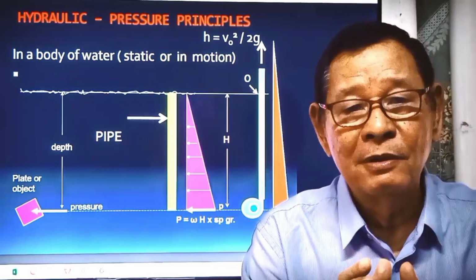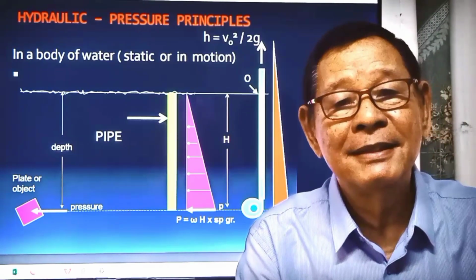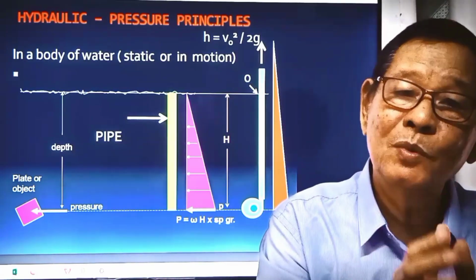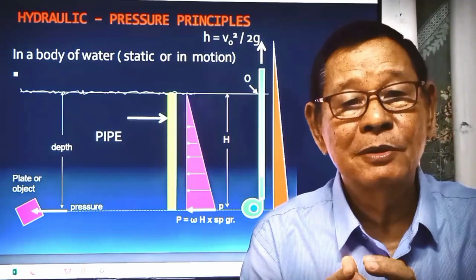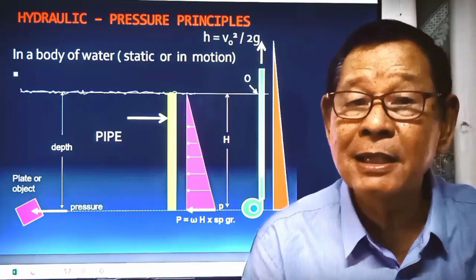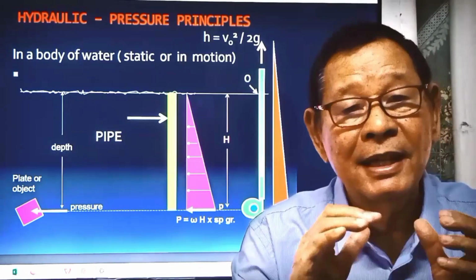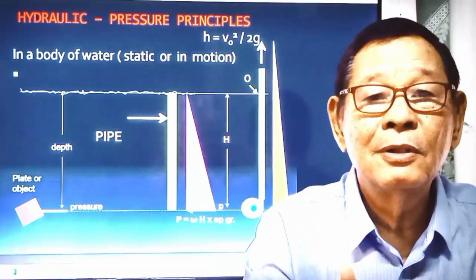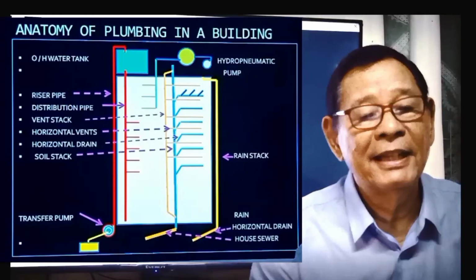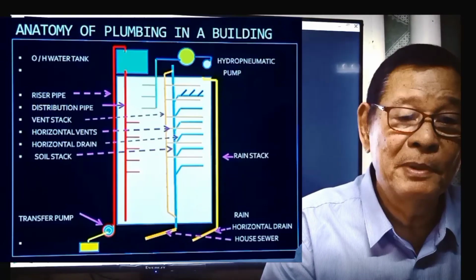So these are the basic principles we apply in our hydraulics inside the building. When we distribute water, when we distribute the wastewater, when we distribute the hot water system, it is the same principles as what we can envision on a basic of hydraulics. Let us consider the hydraulics of a building through this anatomy of plumbing in a building.